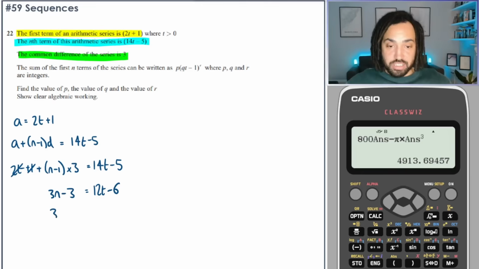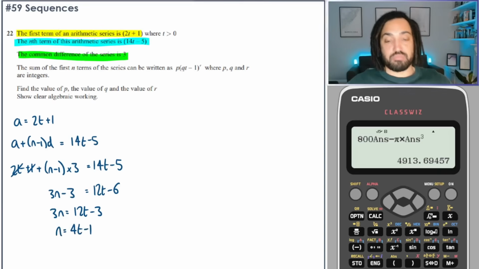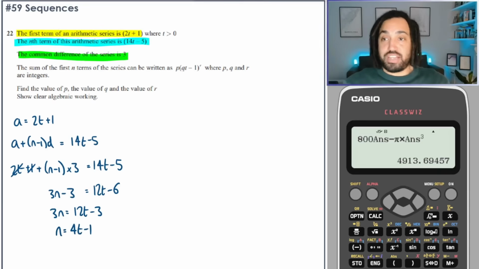And I can add 3 to both sides, which gives this. Yep. And then I can divide 3 by 3, and I get this. Okay, that's as far as I can go with the information that we've used so far. I can't go any further, so we need more information.